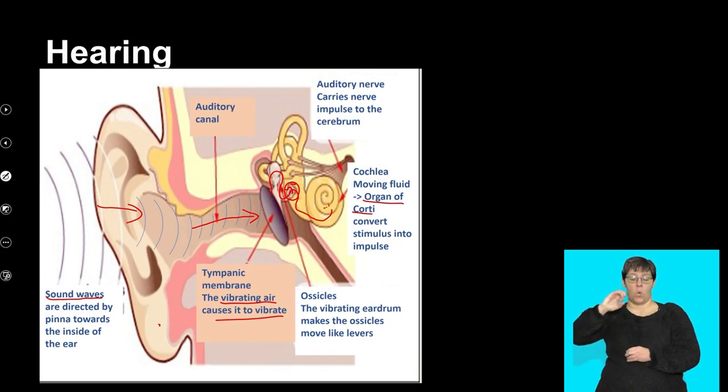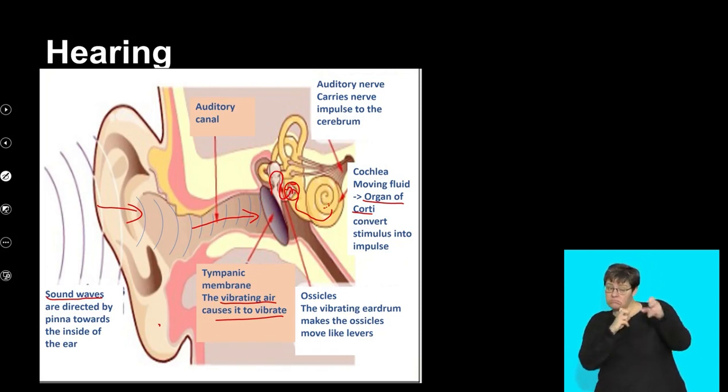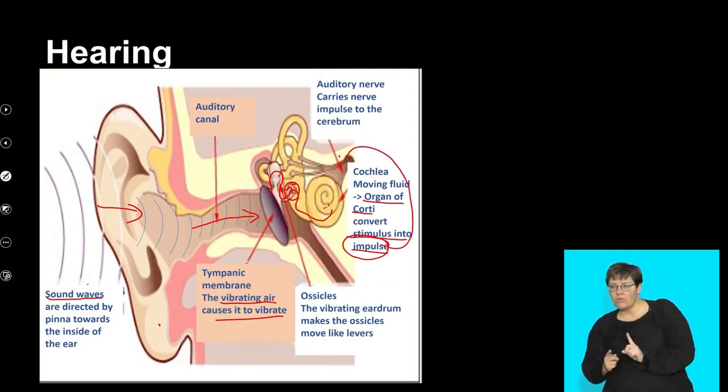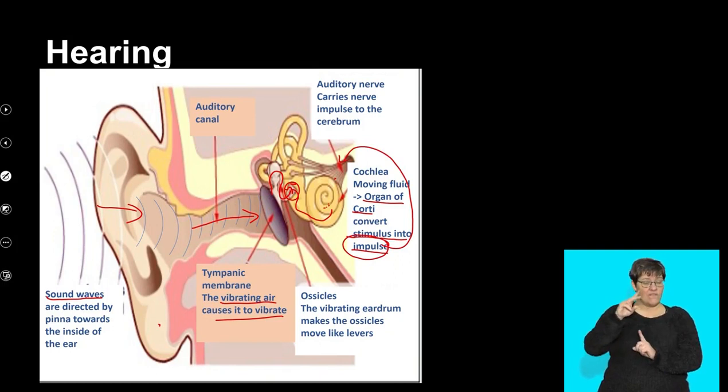And what happens when a receptor cell is stimulated? It converts it to an impulse. It will always convert the stimulus into an impulse. What happens to that impulse? It will go via the auditory nerve to the brain. But now we don't talk about the brain, we talk about the cerebrum.